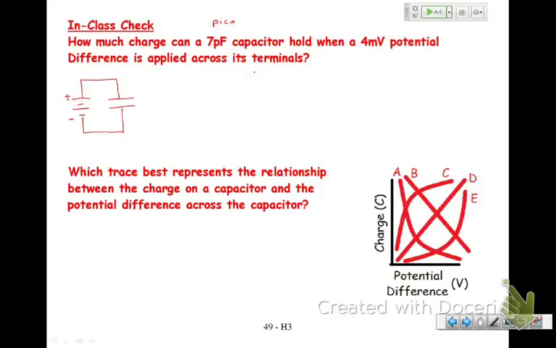And I know my capacitance equals 7 times 10 to the, what's a pico? Minus 12 farads.